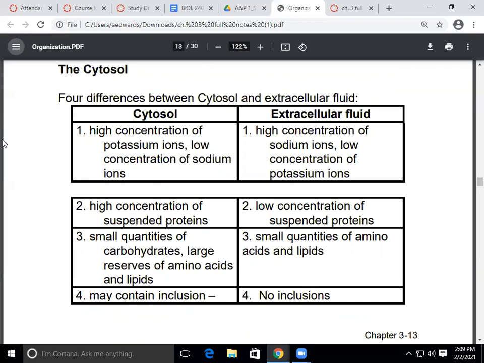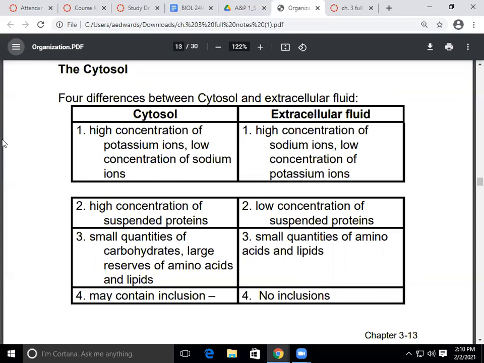Cytosol has a high concentration of potassium ions and a low concentration of sodium ions, and the extracellular fluid is the opposite. It has a high concentration of sodium ions and a low concentration of potassium ions. That relates back to what we learned about active transport and the sodium-potassium pump, with ions being pumped against their concentration gradients.